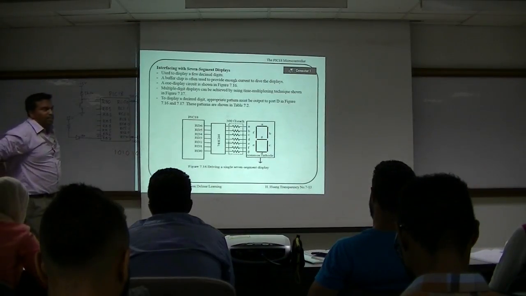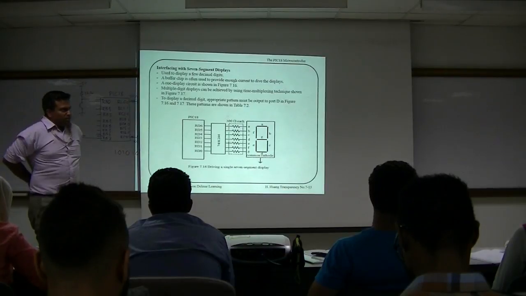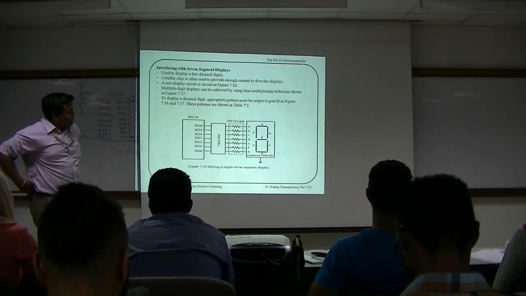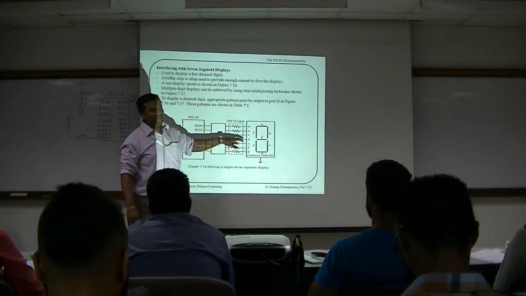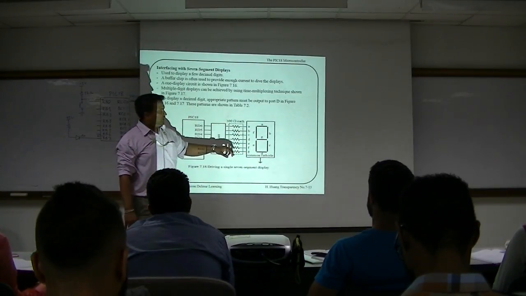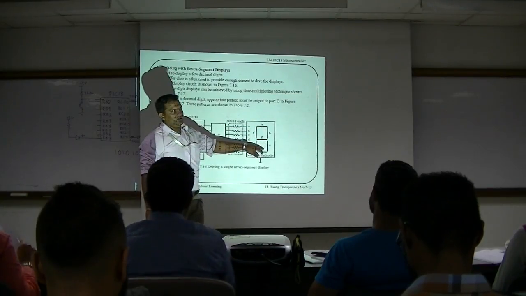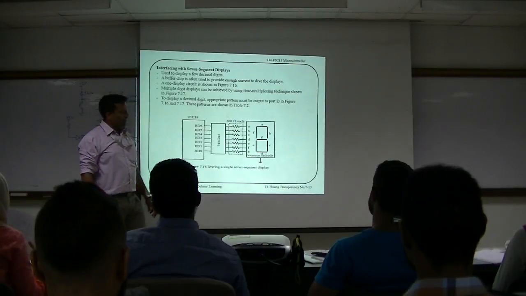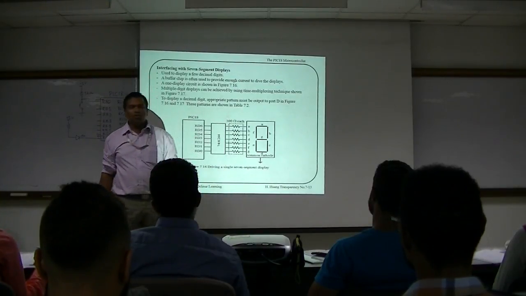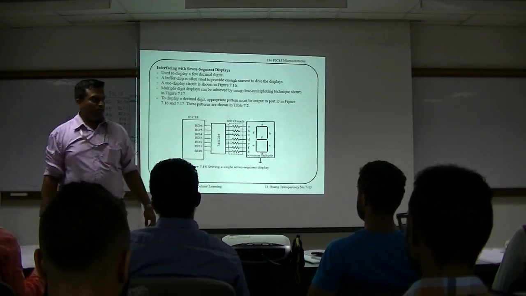There are actually 2 ways that you can interface the 7 segment. The first way is straight away you drive, because the 7 segment means you have 7 segments. That's why it's called a 7 segment, and each one of the segments is actually one LED. So there are 2 types of 7 segment. One is common cathode and another one is common anode.